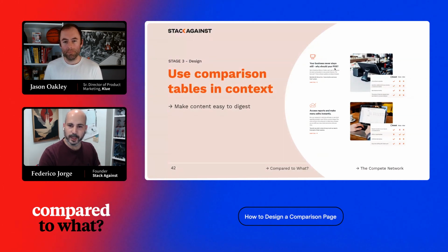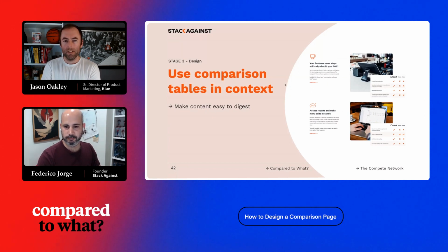So in this case, they're talking about your business never stays still, and they're comparing Toast versus Micros and Aloha. They're actually comparing Toast always against these two competitors, but just the fact of breaking it down into smaller chunks makes it easier to digest and really helps focusing the message on one thing at a time.